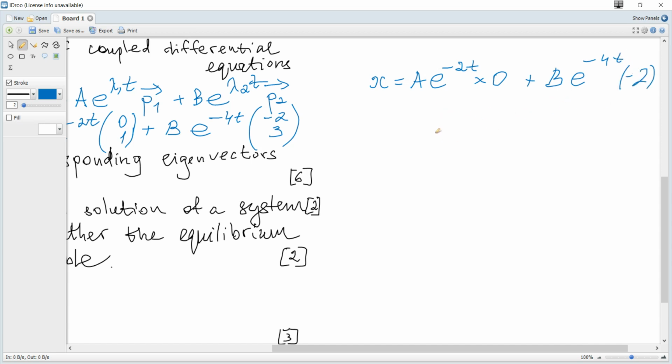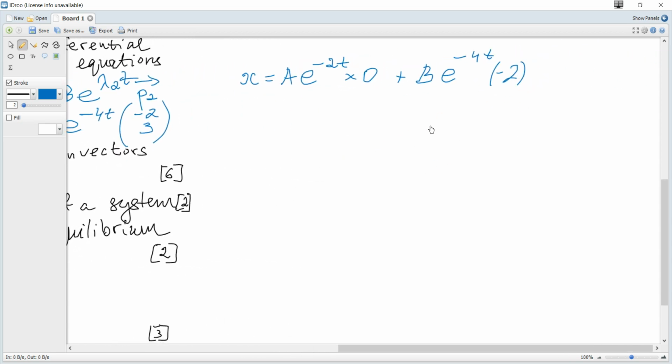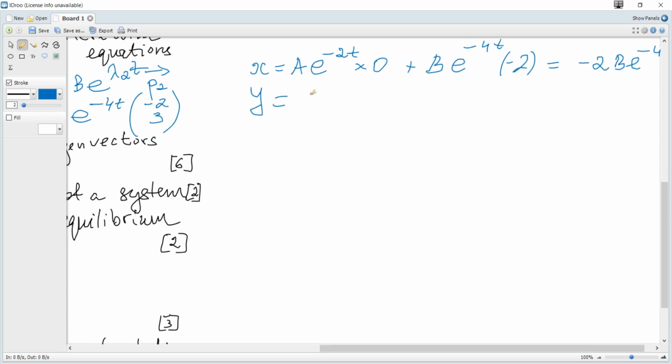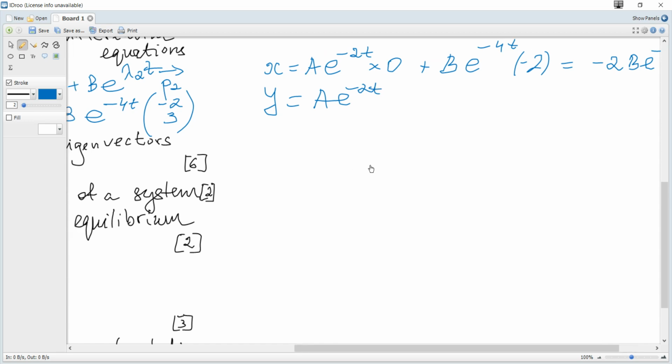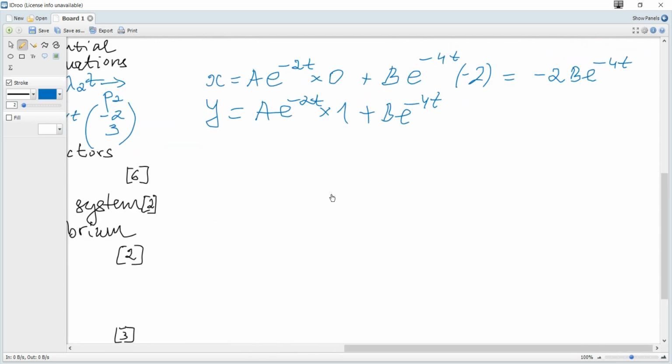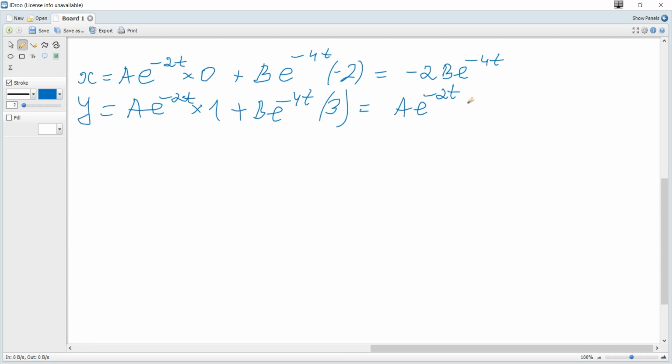Or it would be better to rewrite it simply: x is negative 2b e to negative 4t, and y is a e to negative 2t multiplied by 1, plus b e to negative 4t multiplied by 3, which is a e to negative 2t plus 3b e to negative 4t.